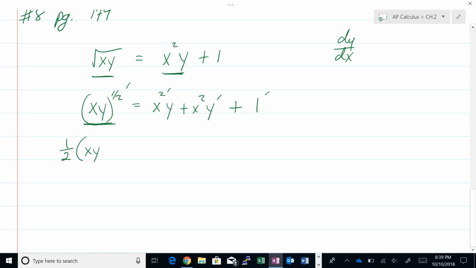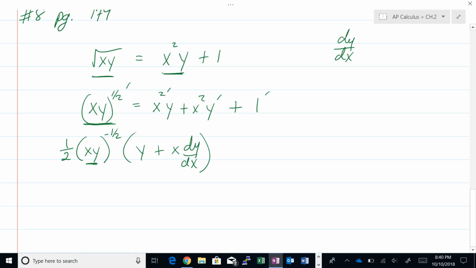Leave that alone. Subtract 1 from the power times the derivative of what's inside here. Okay, well, the derivative of that is, here we go. The derivative of x is 1 times y, all right, so y, plus, and then the derivative of y is dy/dx times x.